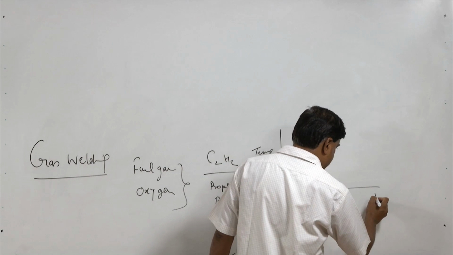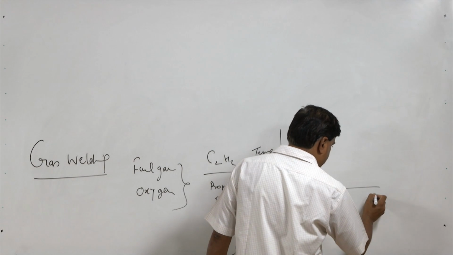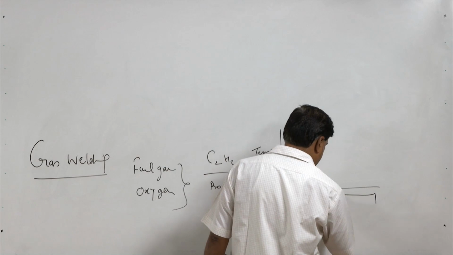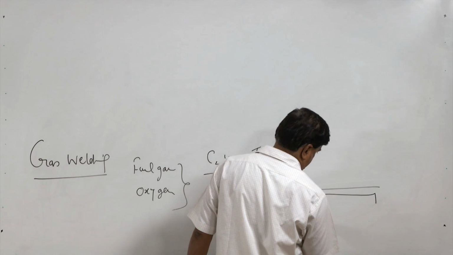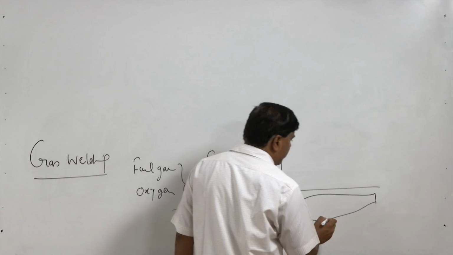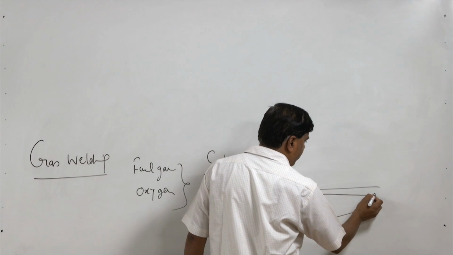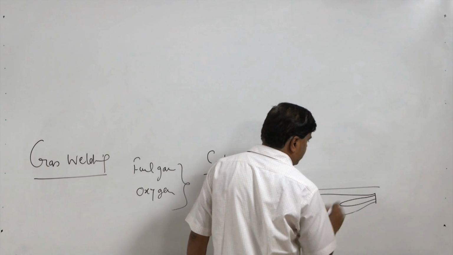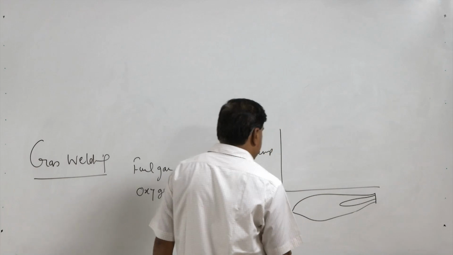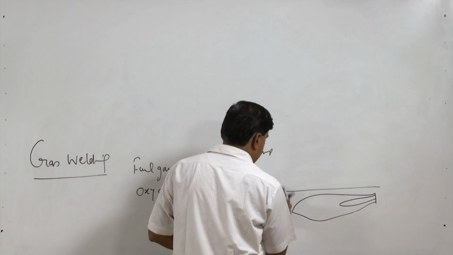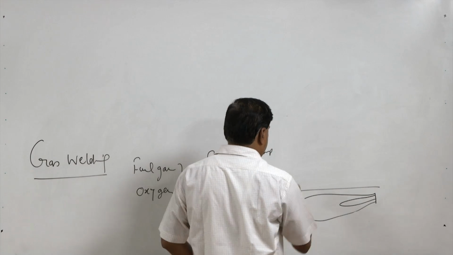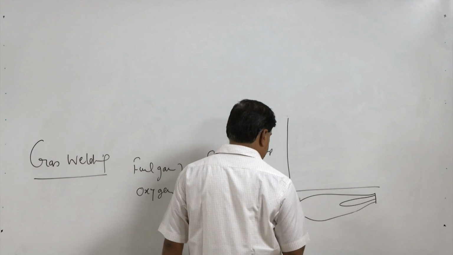Say this is our outer flame and this is the inner flame. Now we can see how the temperature varies.